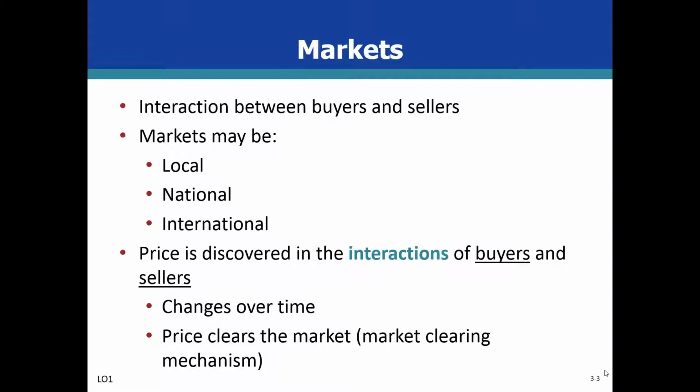In essence, in a competitive market, price clears the market. Price is the market clearing mechanism in a market that is competitive. The establishment of price for a product or service is a dynamic process that never stops.